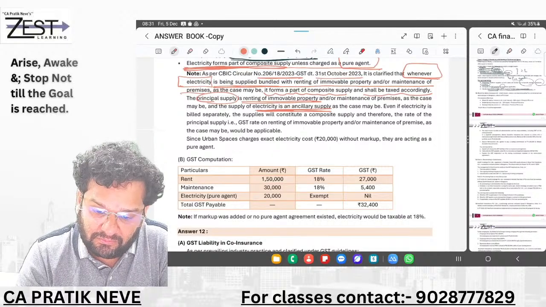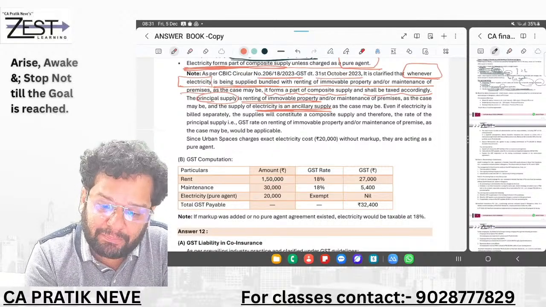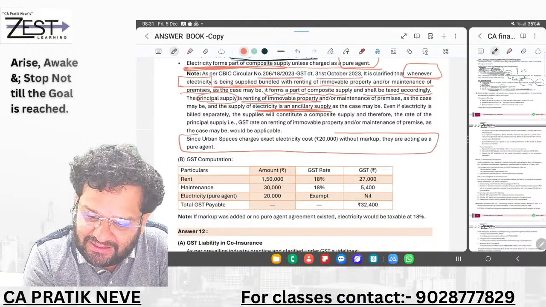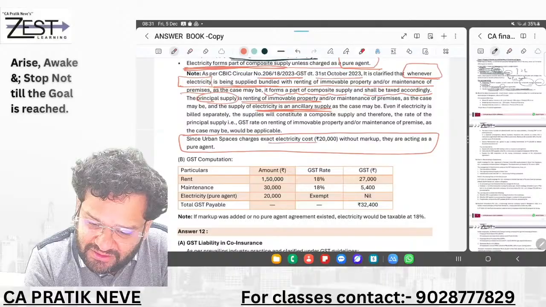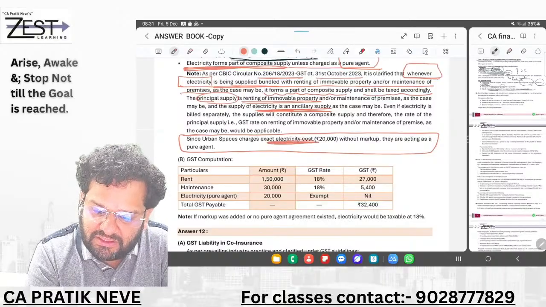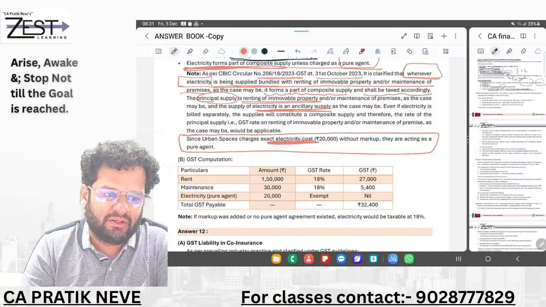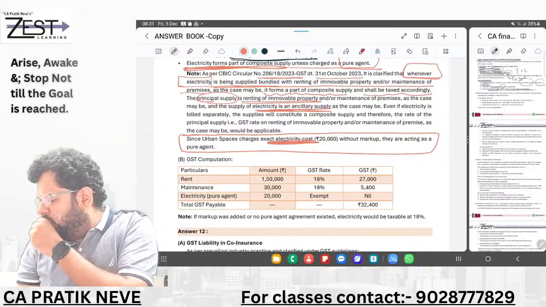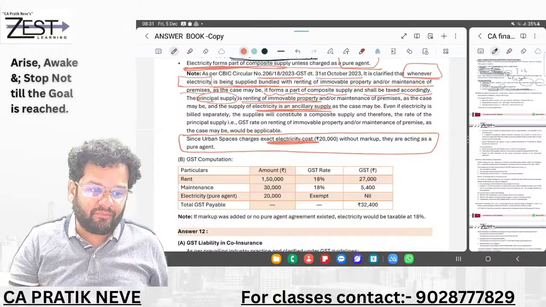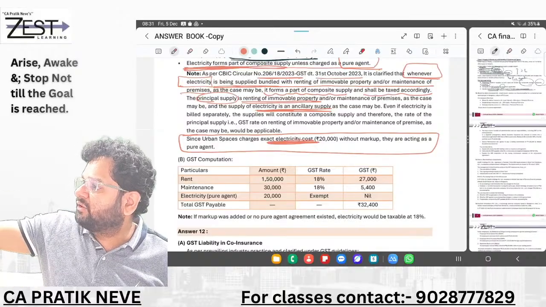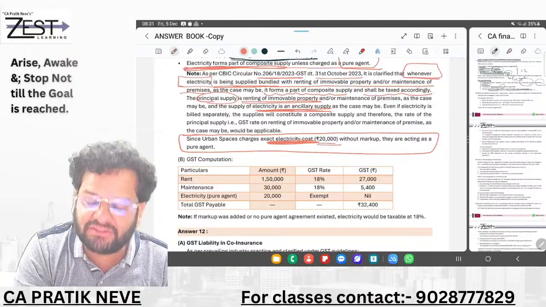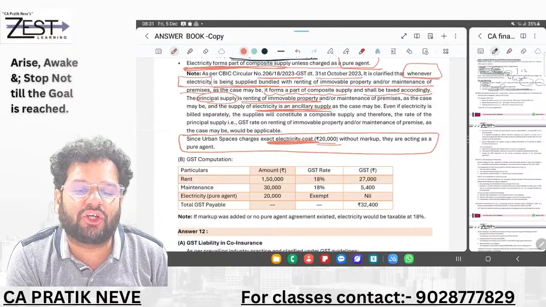Okay, but what is happening? Urban Spaces charges exact electricity cost, meaning they are showing the breakup in the bill, and exactly whatever bill they are getting, only that much amount they are recovering from the recipient of supply.